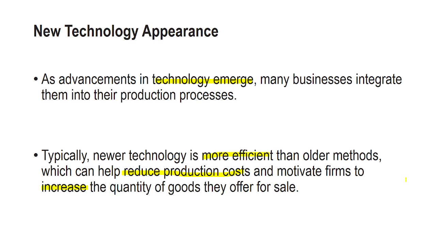So new technology reduces the production cost and finally leads to an increase in the amount of supply quantity. And we show this increase in supply quantity by shifting the supply curve to the right.